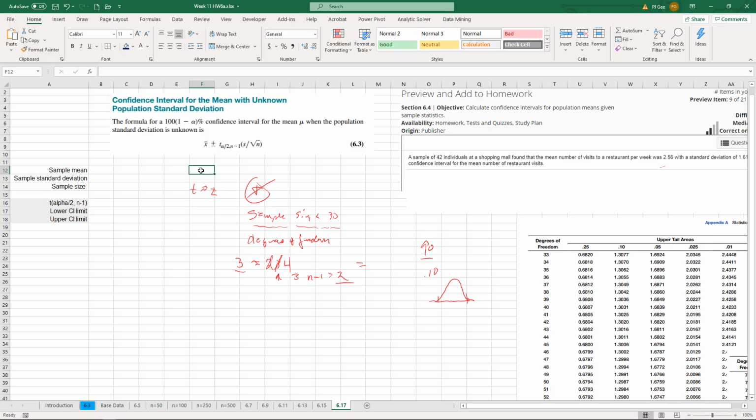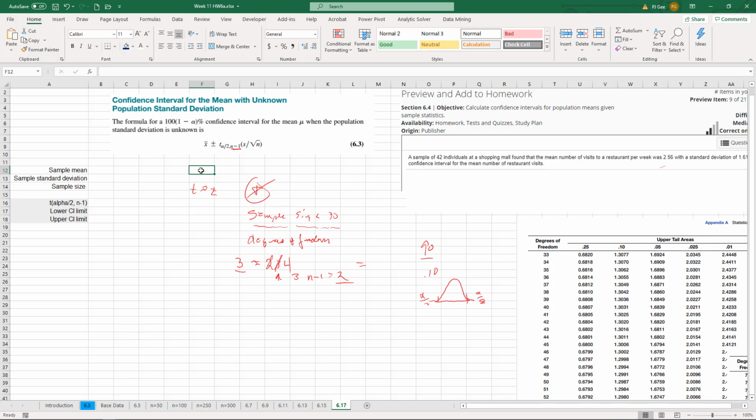Okay, so half of your total alpha, alpha over 2, would be down here in one tail, and the other half would be up here. That's why we always reference this t sub alpha over 2. And notice in this, as opposed to the previous problem that we had, we have to keep mindful of the degrees of freedom as n minus 1.